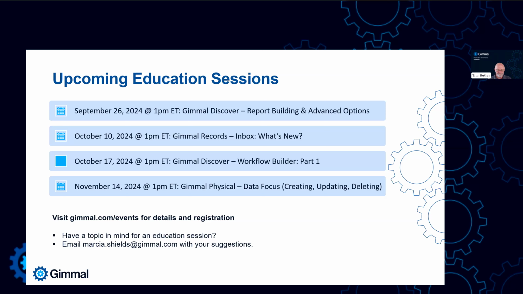Another follow-up to the scan and ingest question: where are these PDF versions stored in Gimmal Physical and how big is the storage? The storage is basically unlimited, but here are the details you need to know.